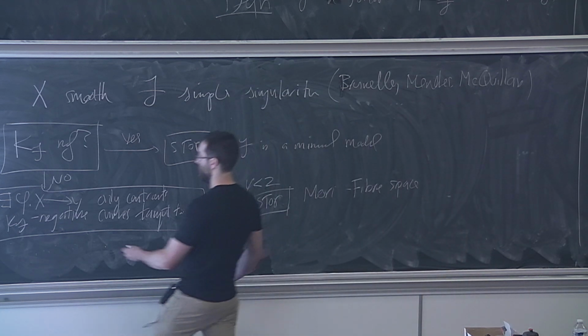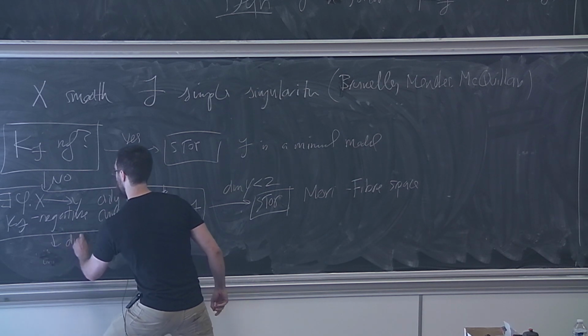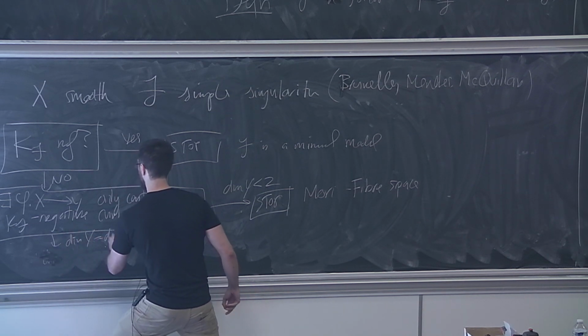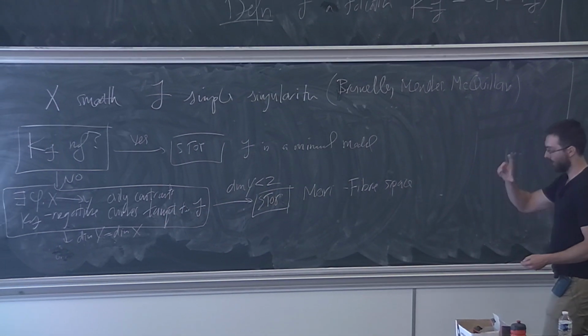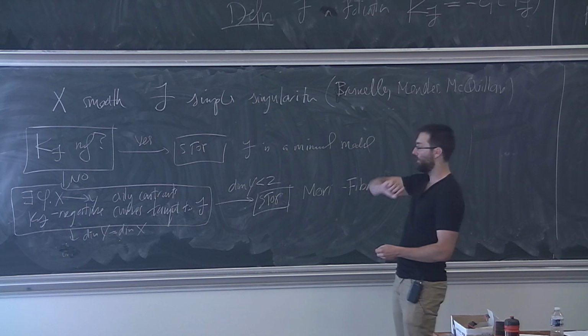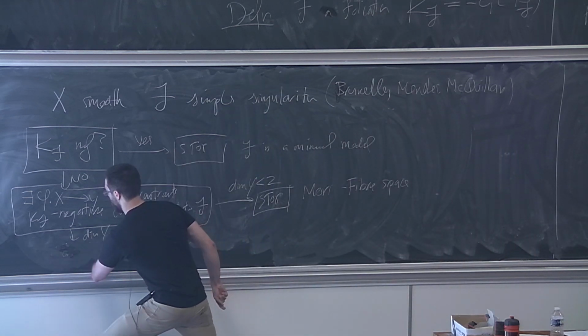Or the dimension of Y is equal to the dimension of X, and phi is a birational contraction, so it just contracts a single curve tangent to the foliation. And then we go back to start in this case.